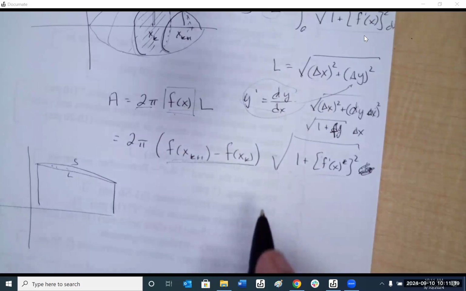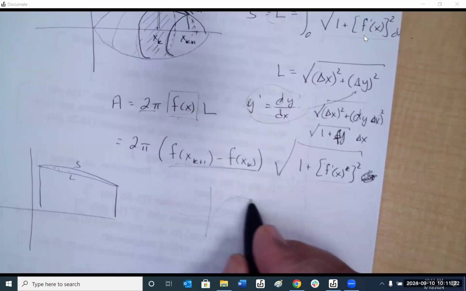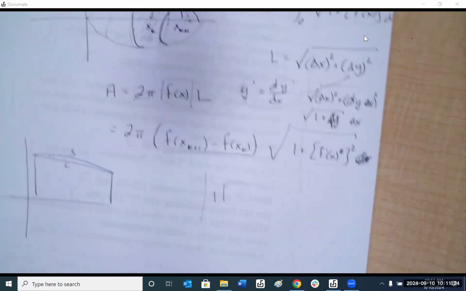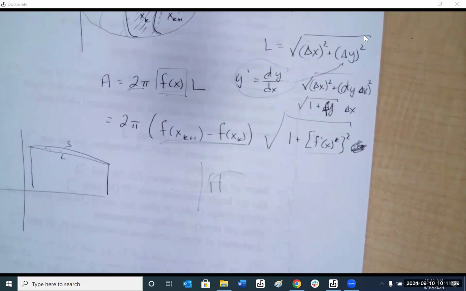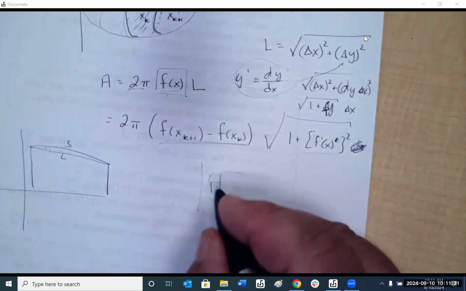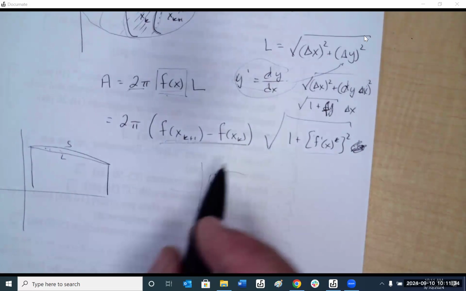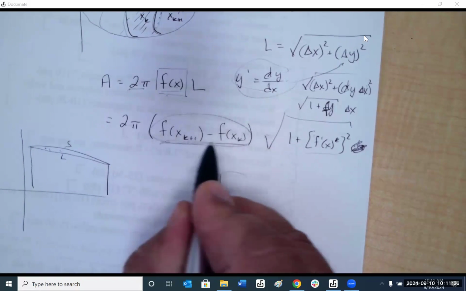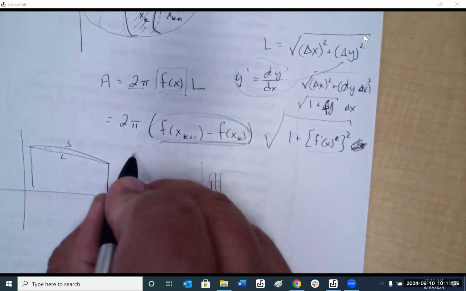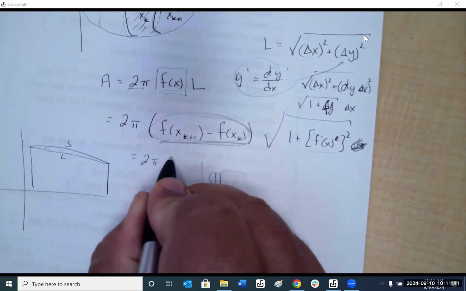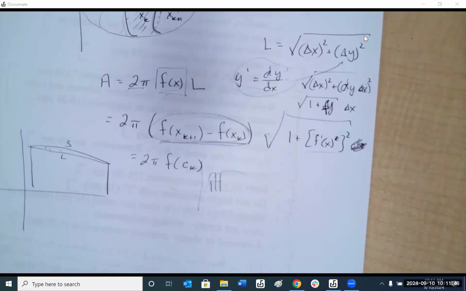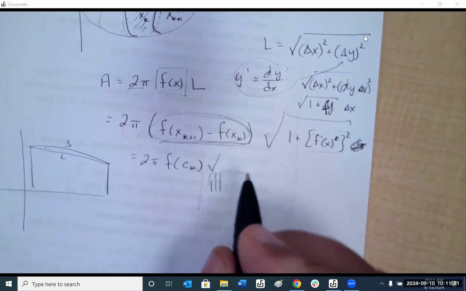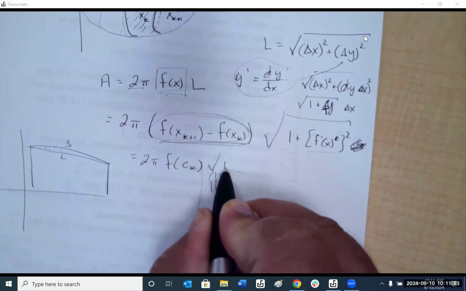What did we do to find the area? We took it either inside or outside, right? Neither of those worked, so we did what? The midpoint. So that's what we have to do with this. We have to take this at some midpoint between there, times our L.